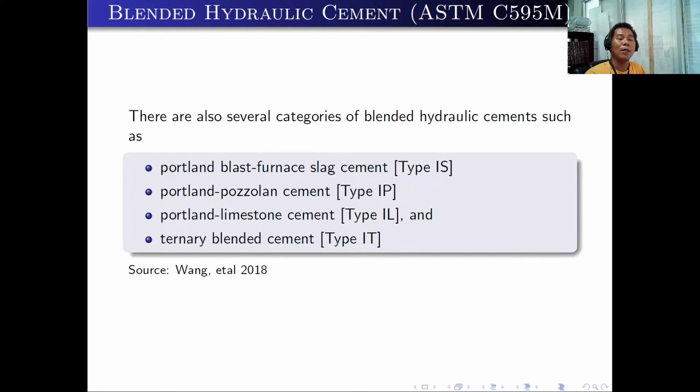The Portland pozzolan cement, that is type 1P. This is quite common in the Philippines. You will see most of your cement is type 1P because that is a Portland pozzolan cement. Also, we have the Portland limestone cement, that's type IL or 1L, and the ternary blended cement type 1T.